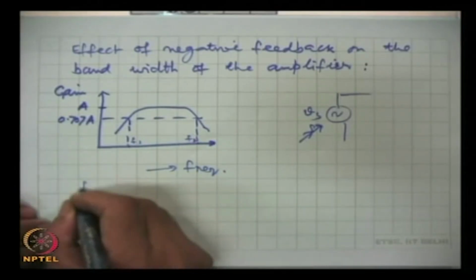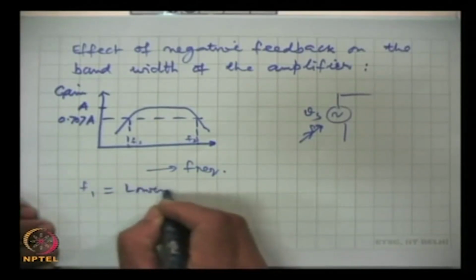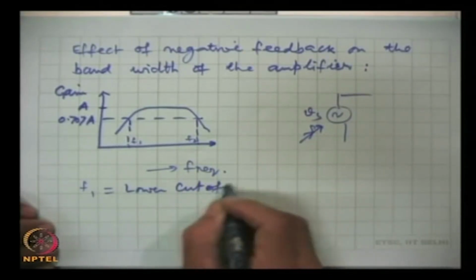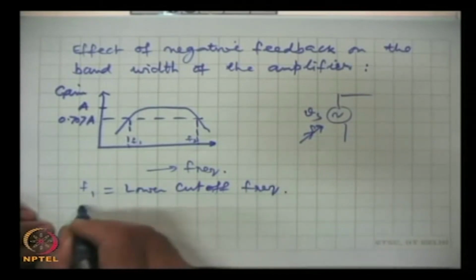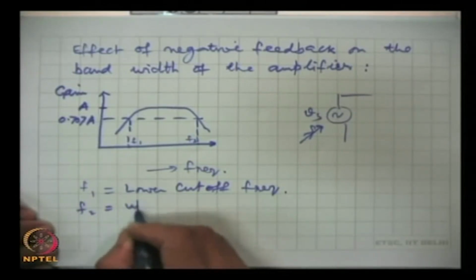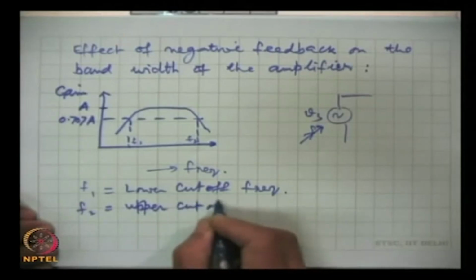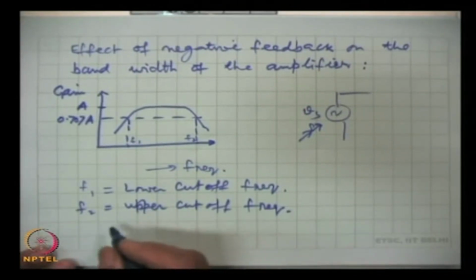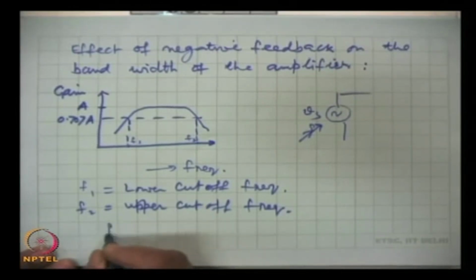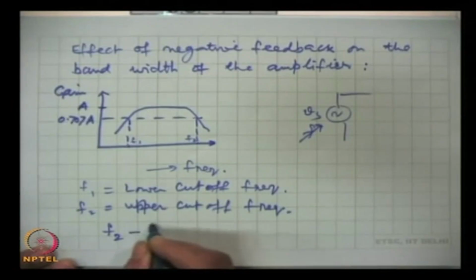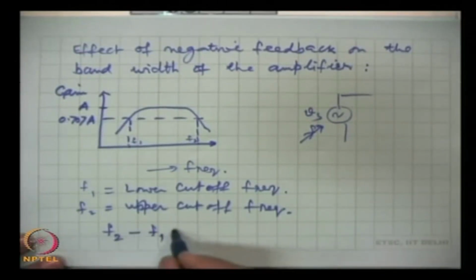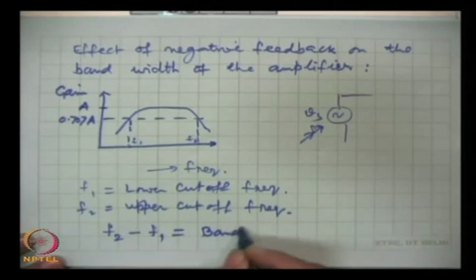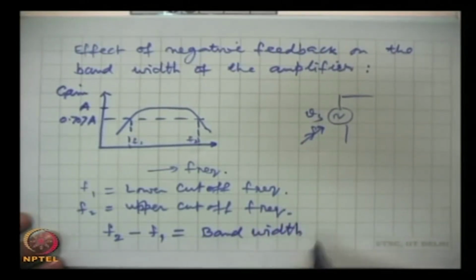Lower F1 is called lower cutoff frequency, and F2 is upper cutoff frequency. Now, the difference of these two frequencies, F2 minus F1, this is called bandwidth of the amplifier.